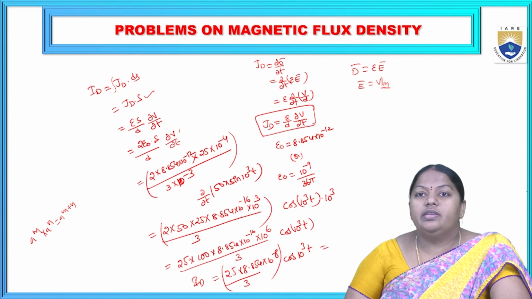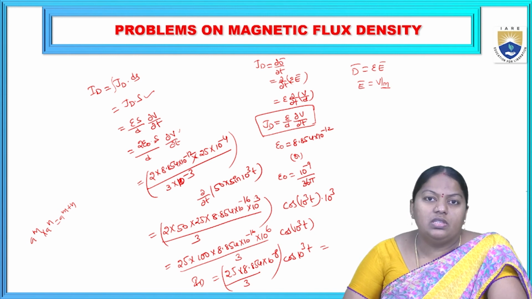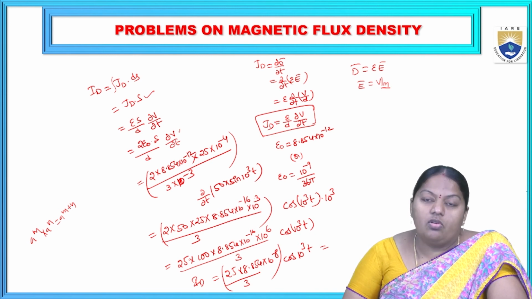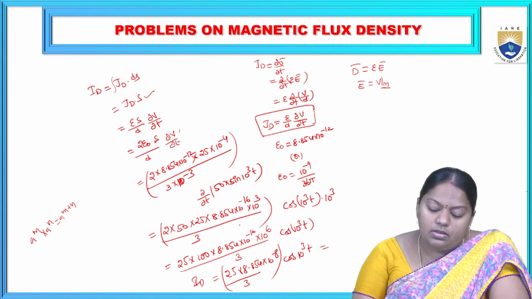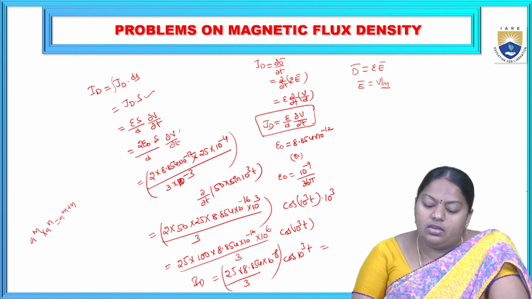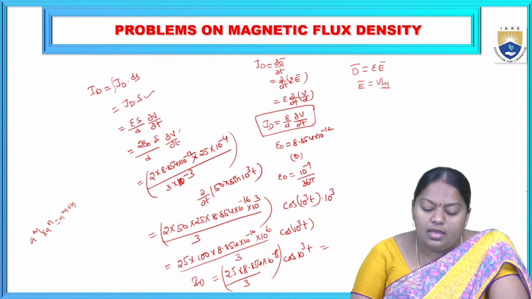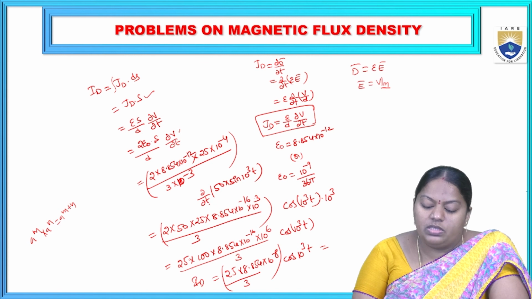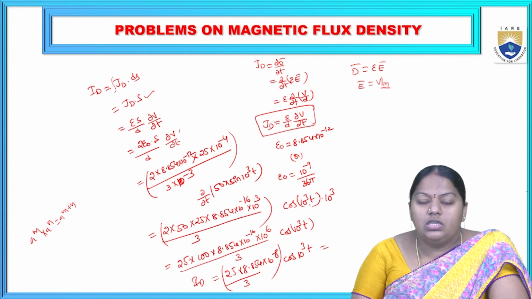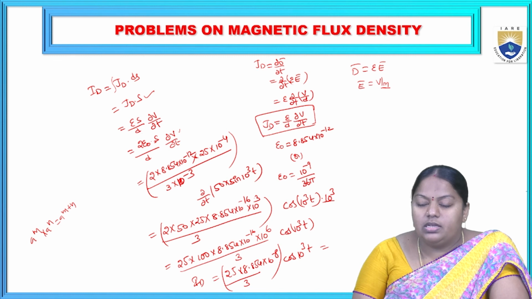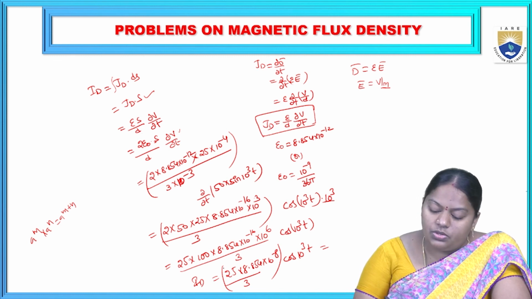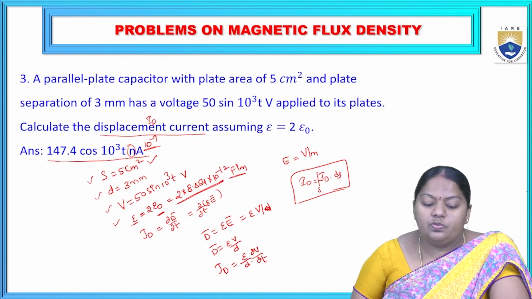Only V is variable and the rest are treated as constants. 50 is also a constant, so we take it out of the differentiation, and dou by dou t of sine t is cos t, and in place of t we have 10 cube, which is considered as 10 cube. Now substitute all this and simplify the total equation.